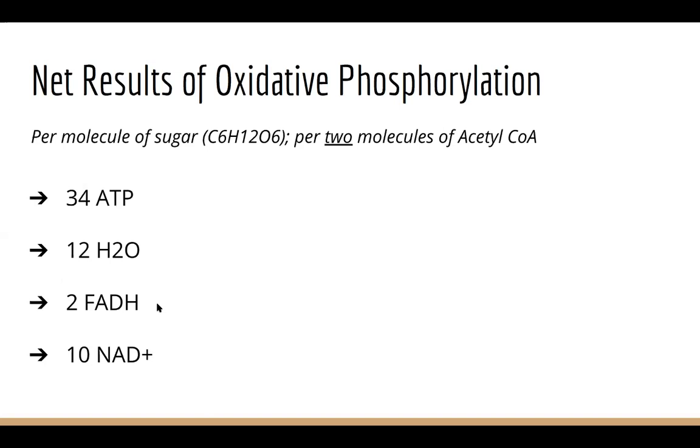So if you remember, FADH was denoted as FADH2 while it had an electron. Now it's just FADH. NAD plus was denoted as NADH while it had an electron. Once it gives it up, it's now NAD plus. The reason for that is now it's got a positive charge on it and there's no more hydrogen.